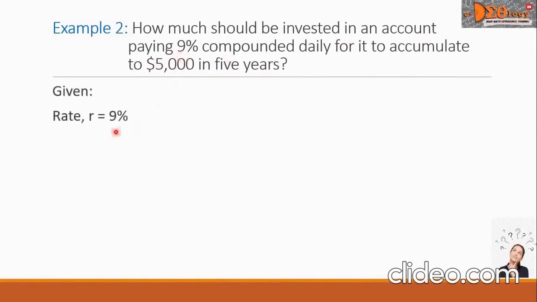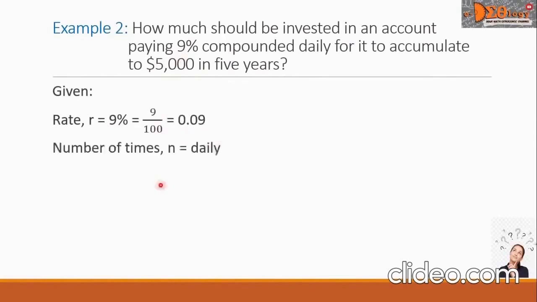Let us convert this 9% into decimal. Of course, that is 9 over 100, and this value equals 0.09. Next is the number of times the interest is compounded, and it is written here, daily. It means the value of N is 365.